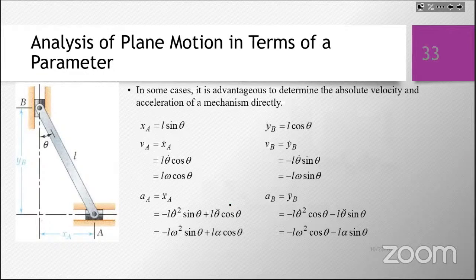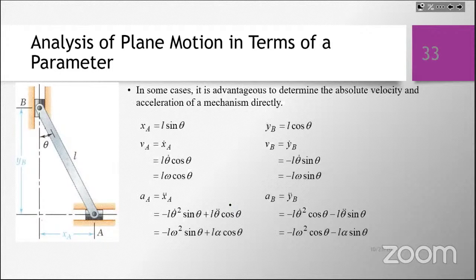Sometimes it's helpful or advantageous to figure out what the absolute velocity and acceleration of the mechanism is directly. So in certain cases, much like this one, what happens? Well, I know this length at this time. And I know this one.